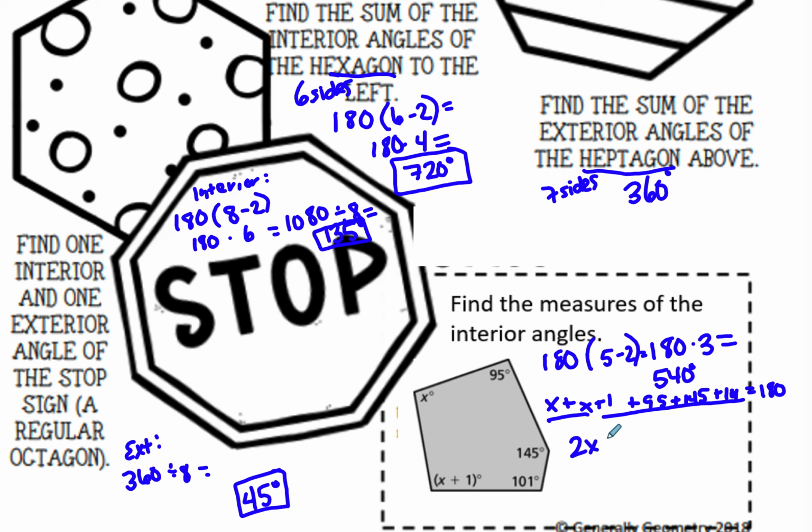Okay. So 2x plus 342 equals, oops, over here I wrote 180. Didn't mean to do that. 540. It does not equal 180. It equals 540 because this is not a triangle. This is a pentagon.